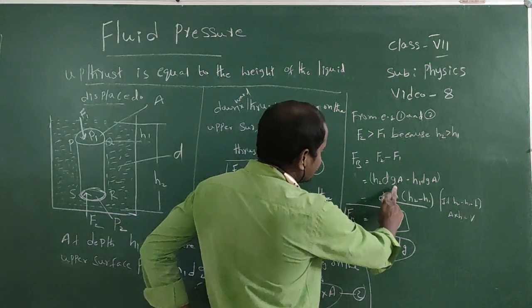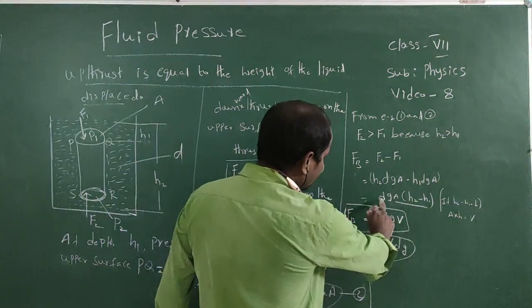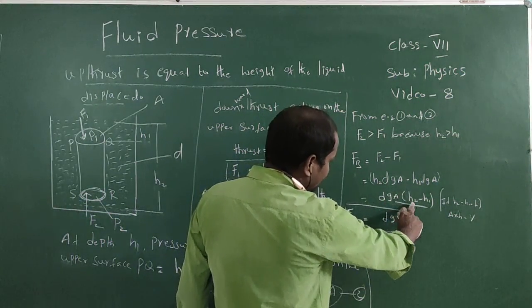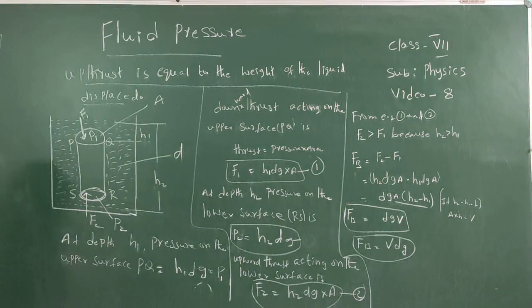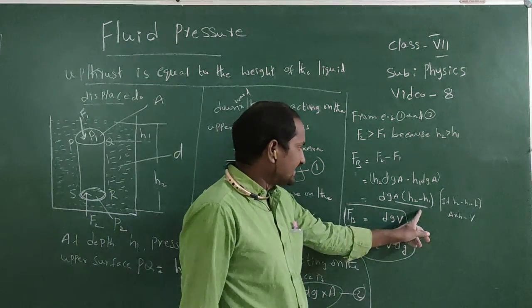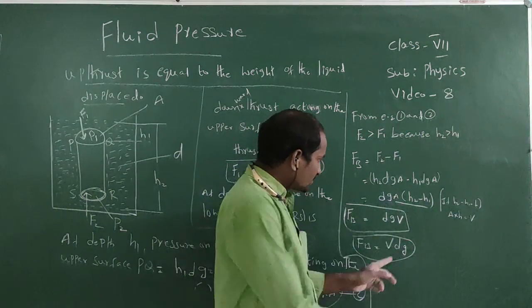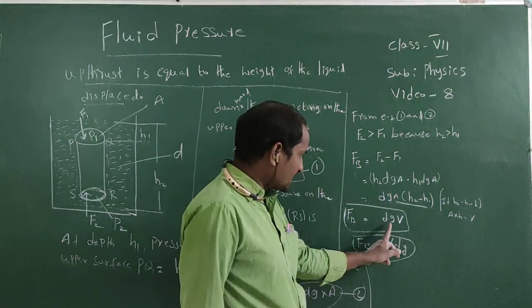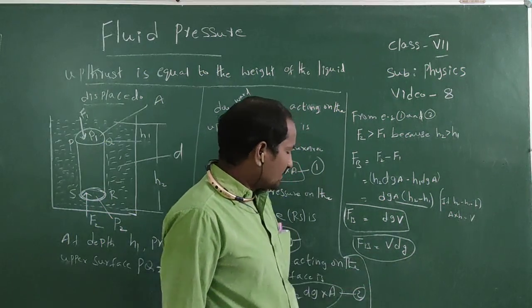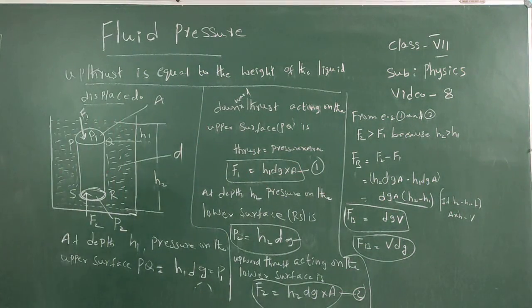That equals h2 d g A minus h1 d g A. Taking d g A common from this group, we get (h2 minus h1) d g A. The volume of the cylinder equals the height into the area of cross section, so we can write V d g. So this is the buoyancy force.